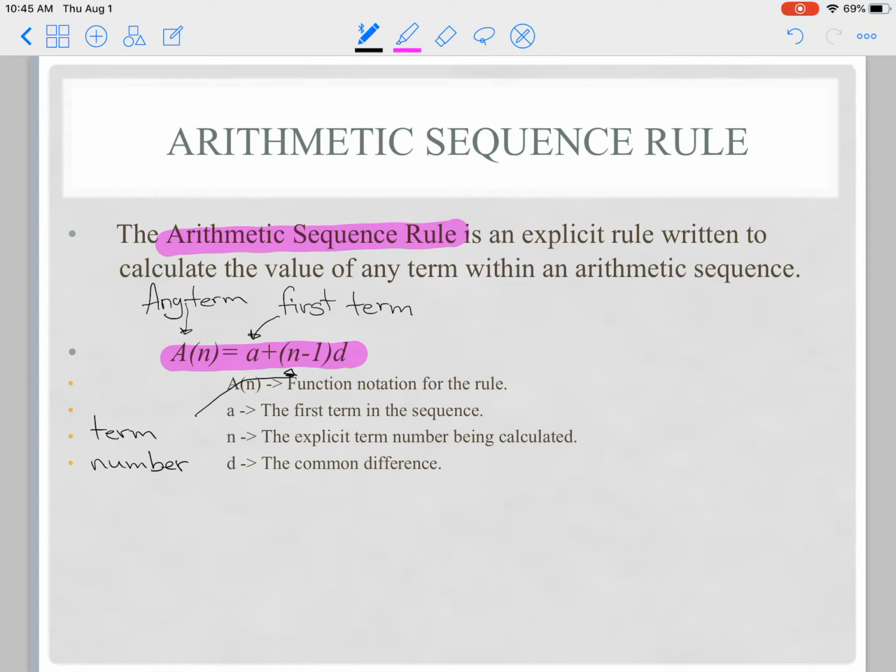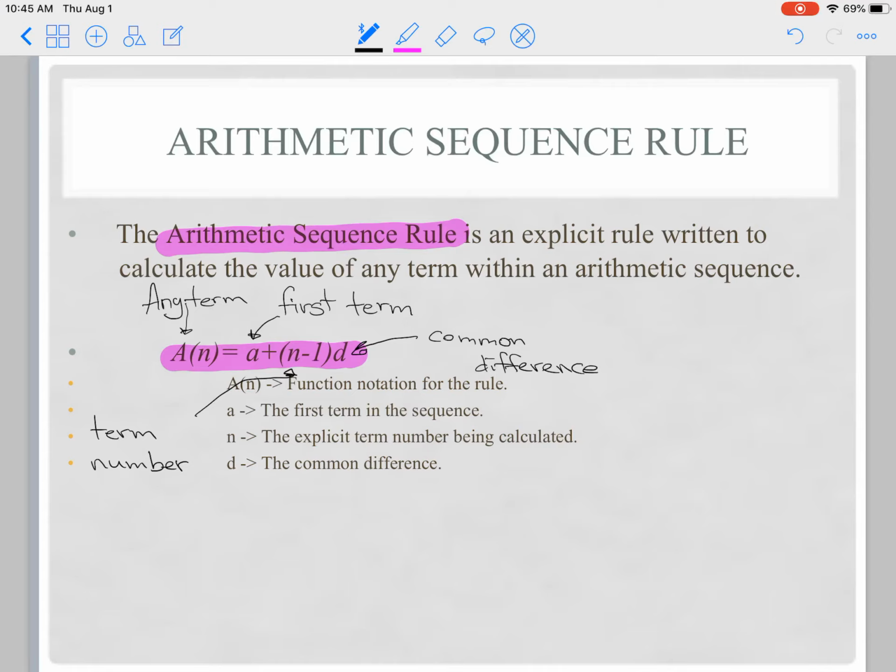So if we were asked to find the 10th term, then we'd put a 10 right there in place of that n. We'd subtract 1, get 9, and then we would multiply by that d right there, and the d is our common difference.